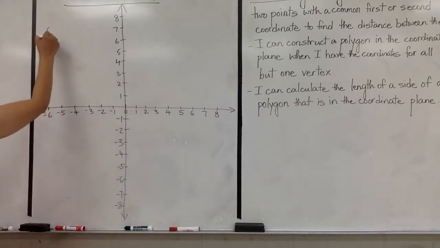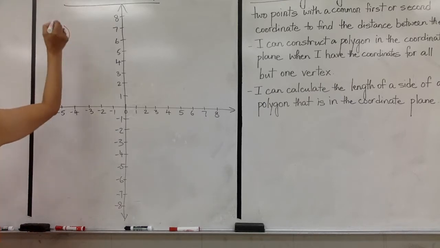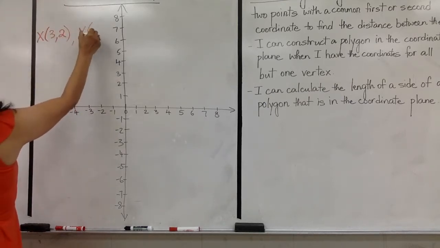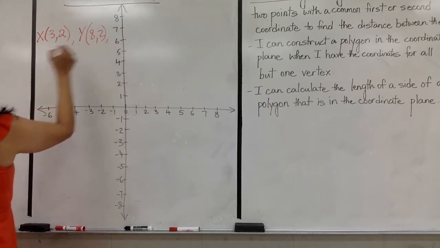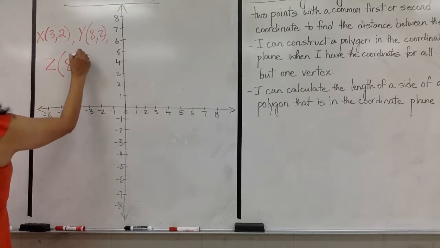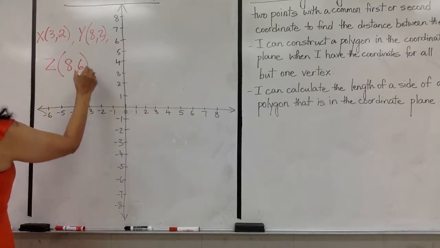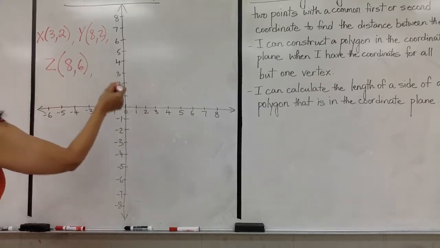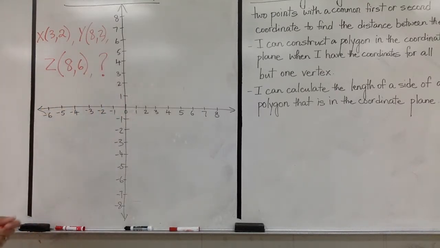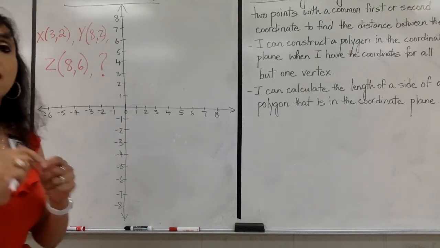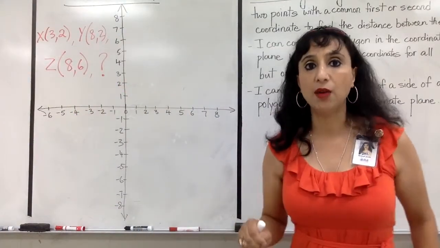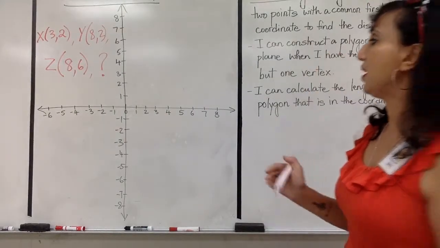Let's say they've given me vertices which are x is 3, 2, y is 8, 2, z is 8, 6. So therefore, what would the last vertex be? So vertex, remember, is the point where two lines of a polygon meet. Okay, so let's plot this first.